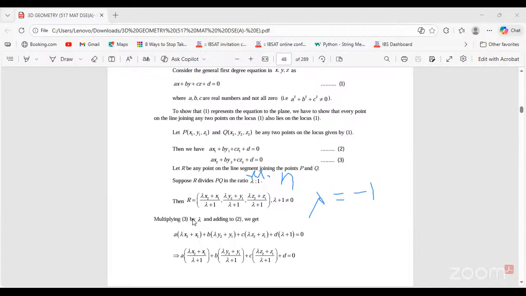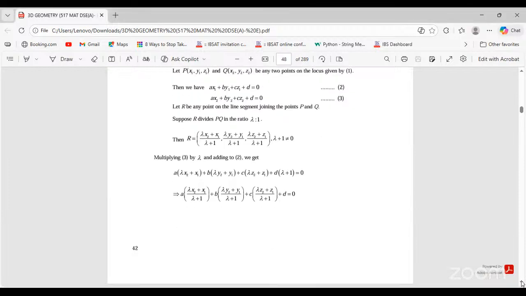Therefore, multiplying equation 3 by lambda and adding equation 2: multiplying equation 3 by lambda, we get a lambda x2 plus b lambda y2 plus c lambda z2 plus d lambda equals 0.